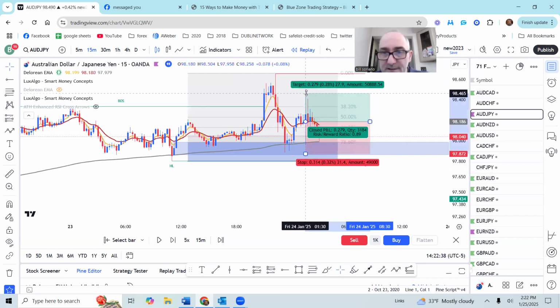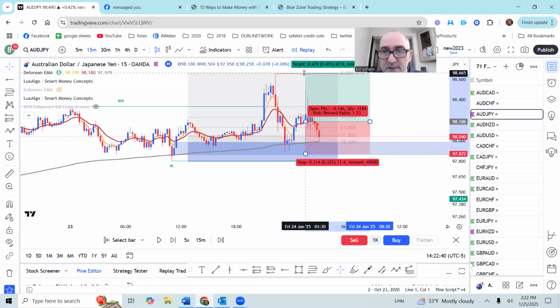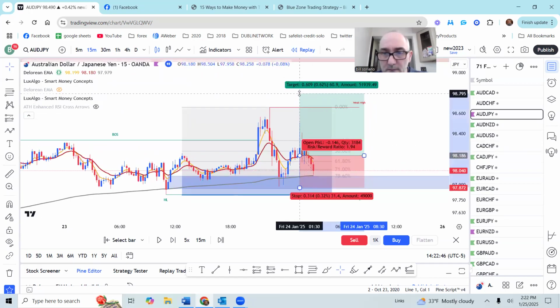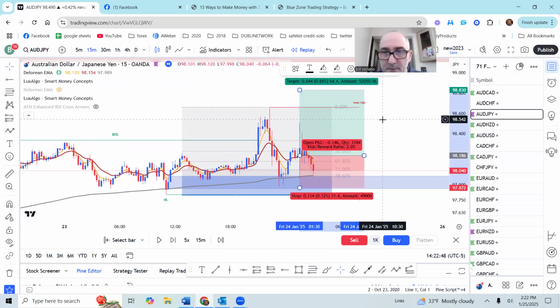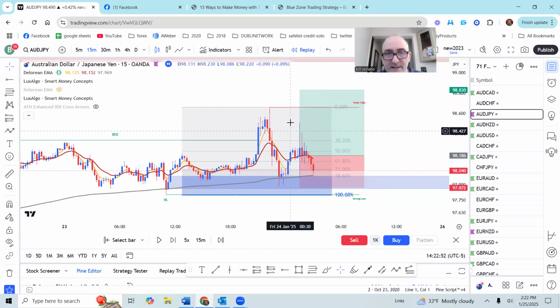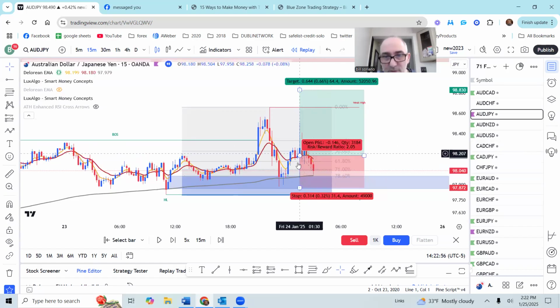But if we were going to set this up for another 1 to 2, then we'd want to get up to about here, right? And the reason why that goes outside of our fib zone here is because we're getting in further up here.